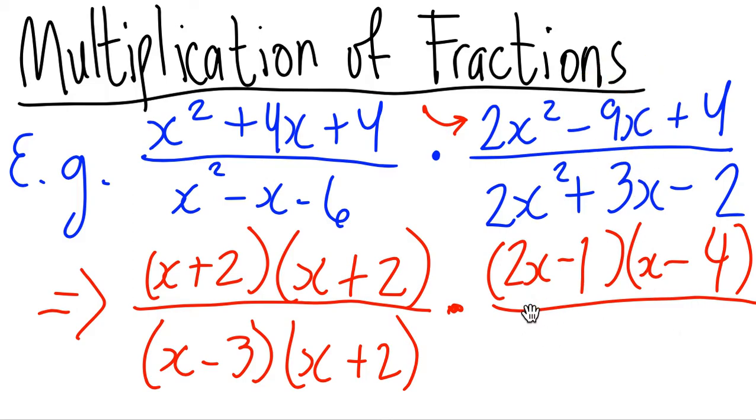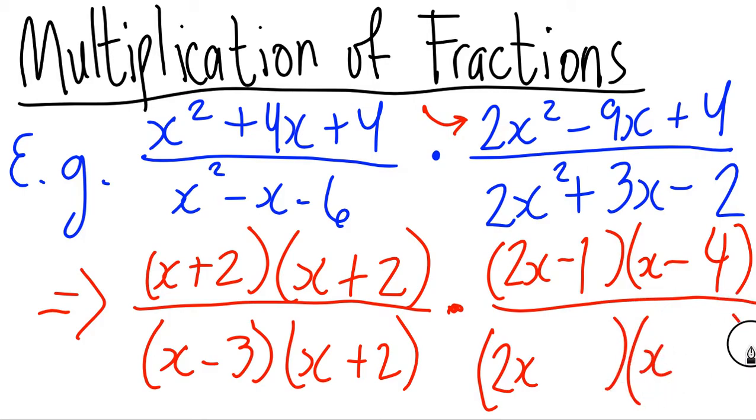Okay, so how about in the denominator? Give some time, think about it. Okay, and then you will know because we have 2x as the leading coefficient, so we know that it's going to be something like this.